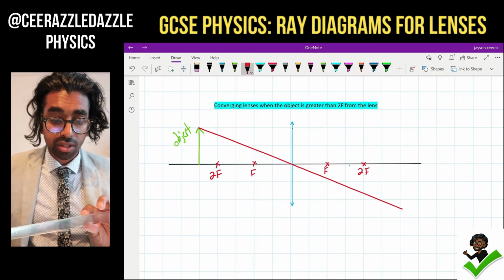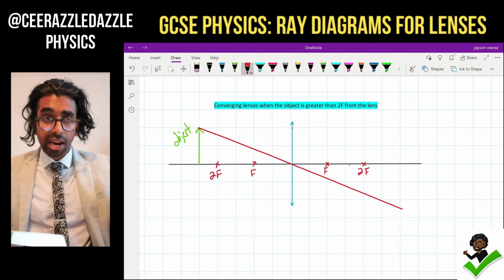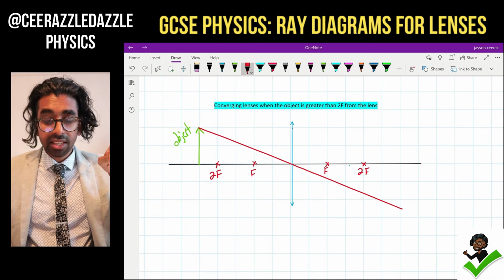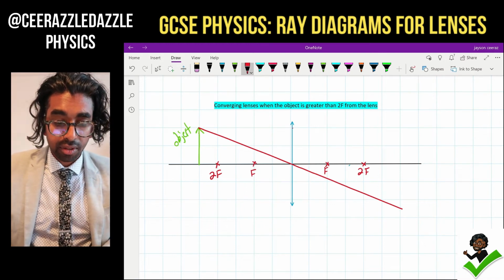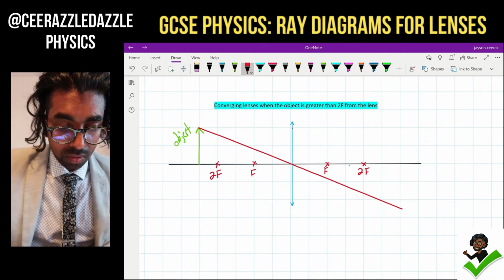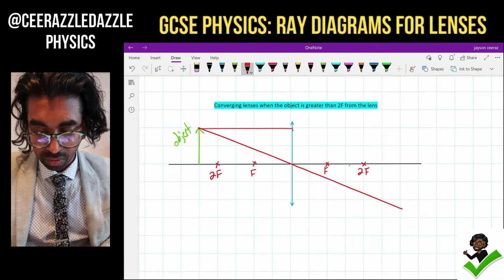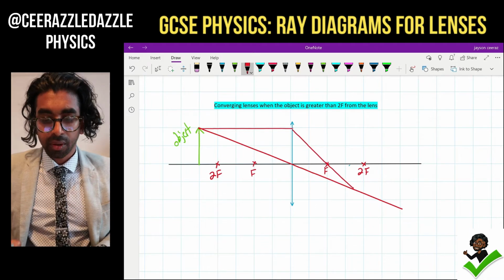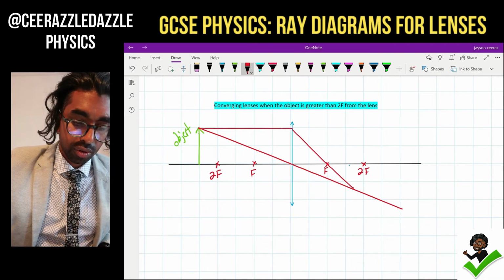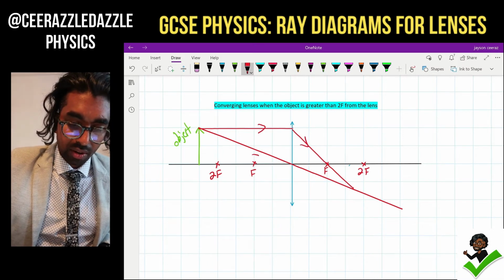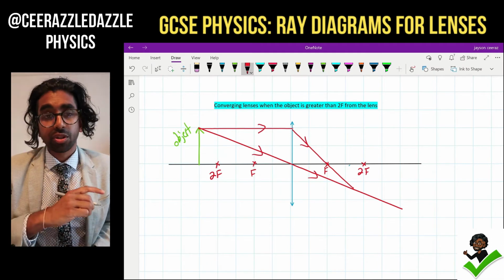The second ray goes from the top of the object, parallel to the axis, hitting the lens and then going through F. So we've drawn two rays, with some arrows so that we know the direction of the light.